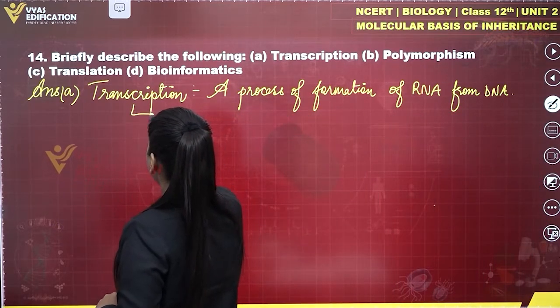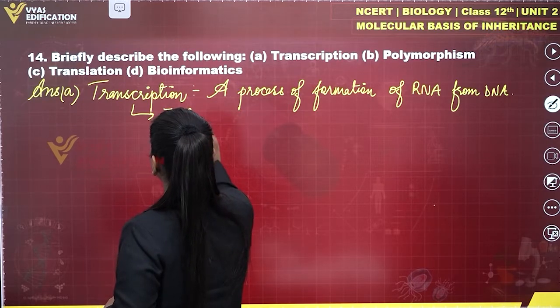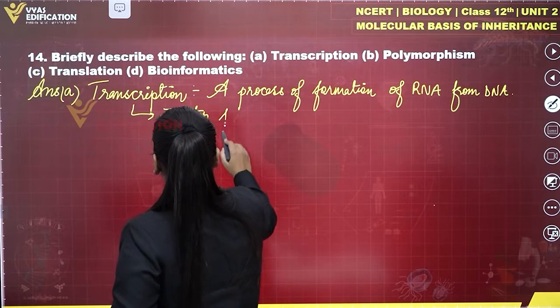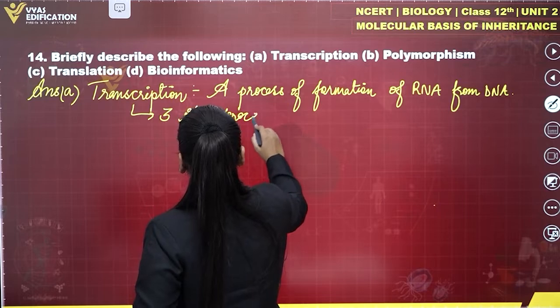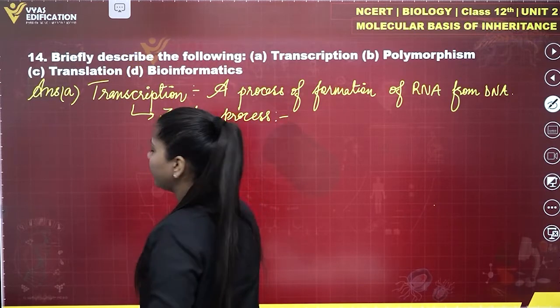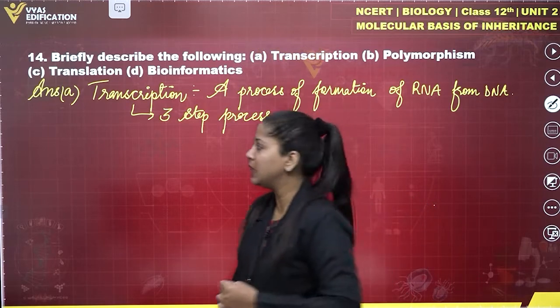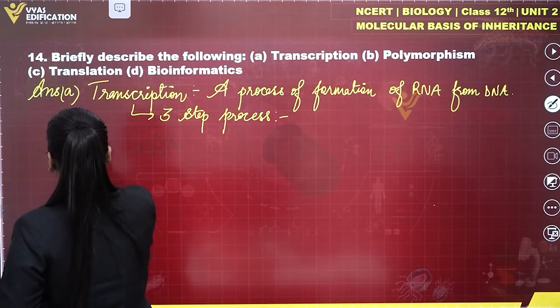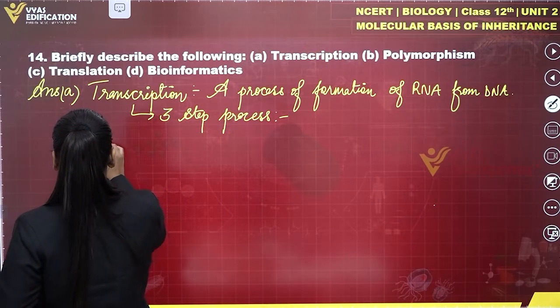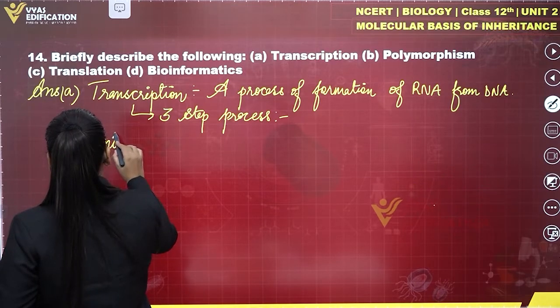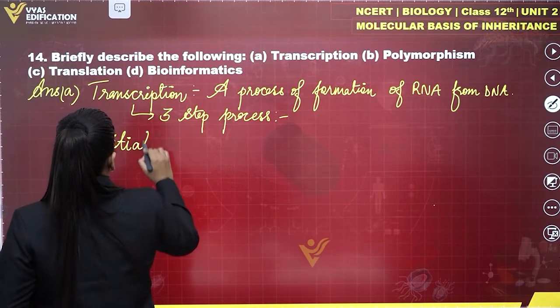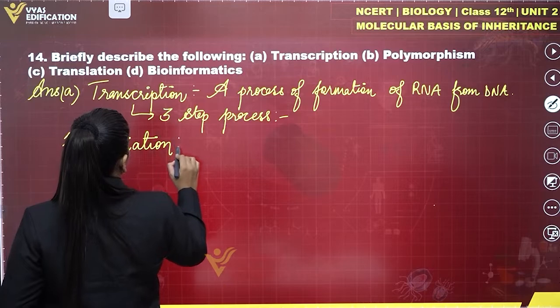It is a three-step process. What are these three steps included in the transcription? That is initiation, elongation and termination. The first step of this transcription process is initiation. In this step, what happens?